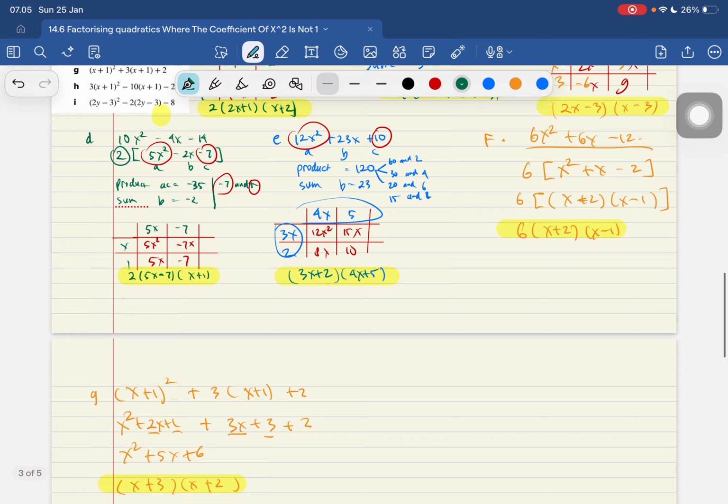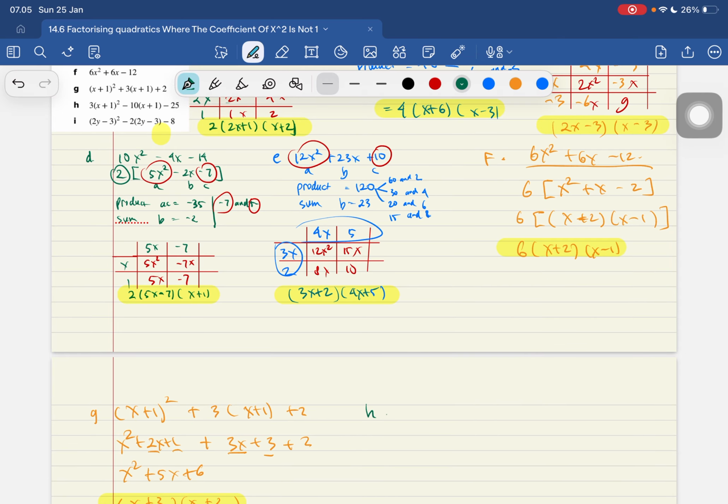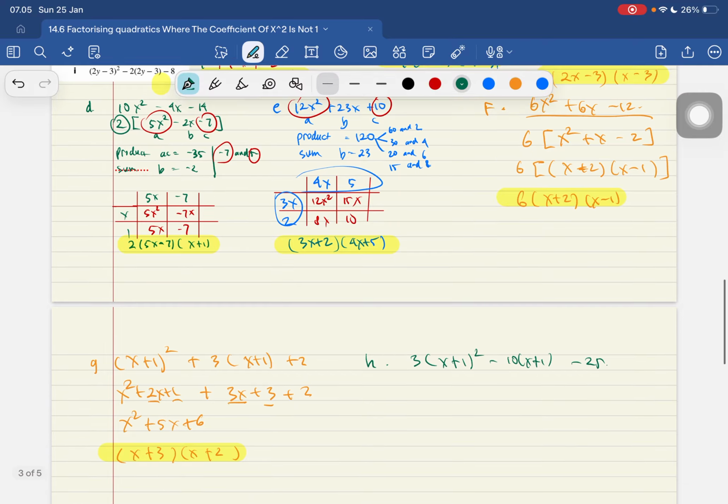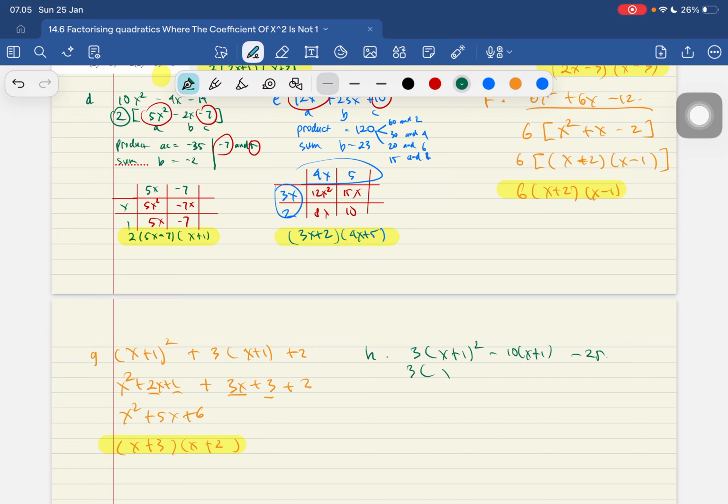Next we got the H question. It is 3, and then we multiply by x plus 1 squared, minus 10, and then x plus 1, minus 25. So here we have 3 times x squared plus 2x plus 1. Here is minus 10x minus 10. Here is minus 25. So we got 3x squared plus 6x plus 3, minus 10x, minus 10 with 25 is 35.